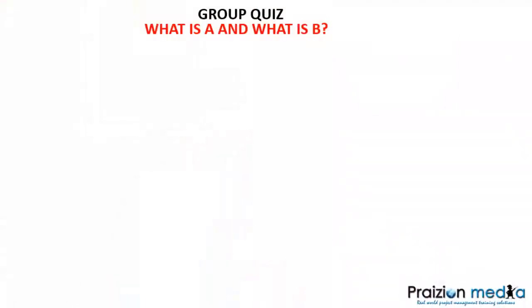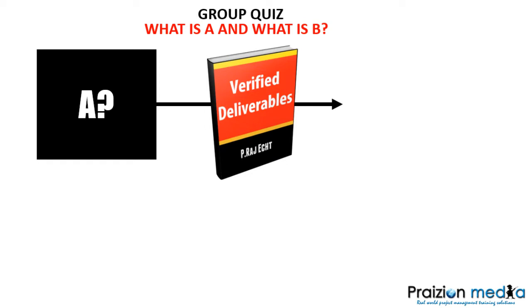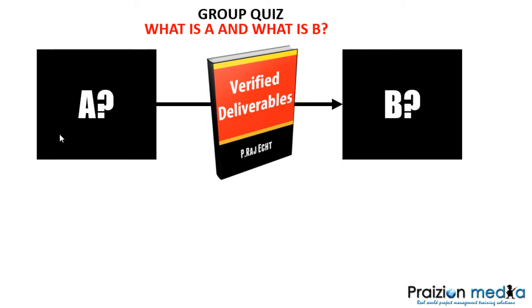So, as usual, I've got a process A and a process B. Process A gives you an output, and that output goes into a process B. You know how we do it.